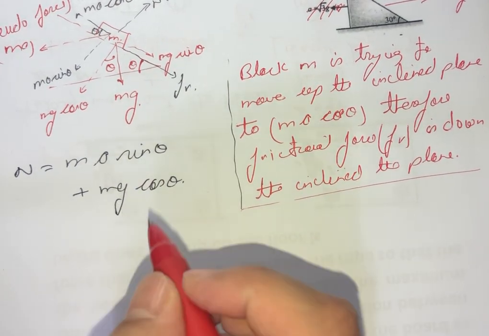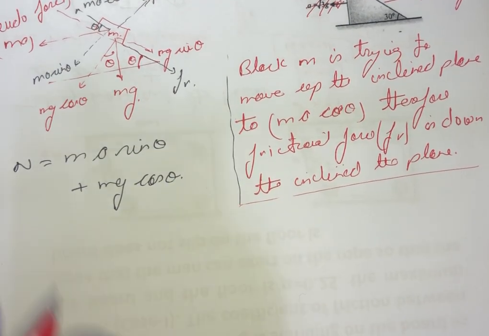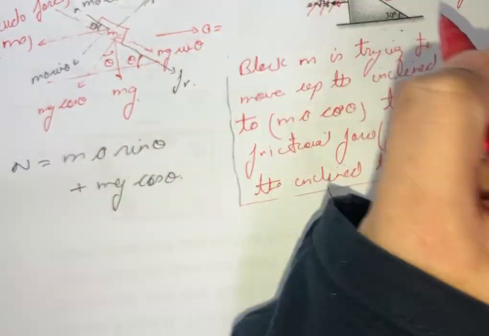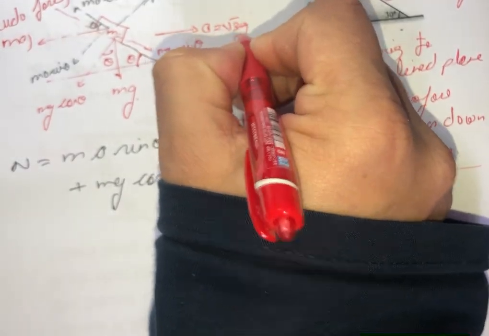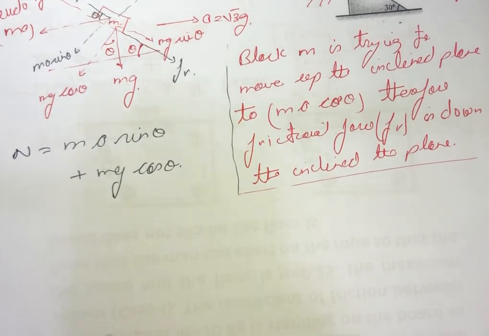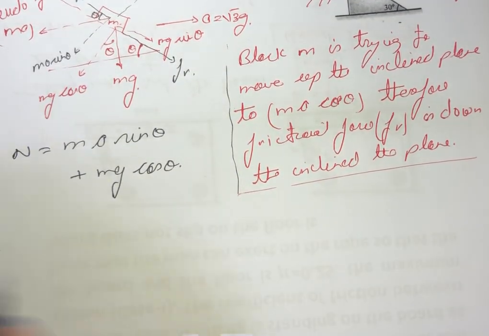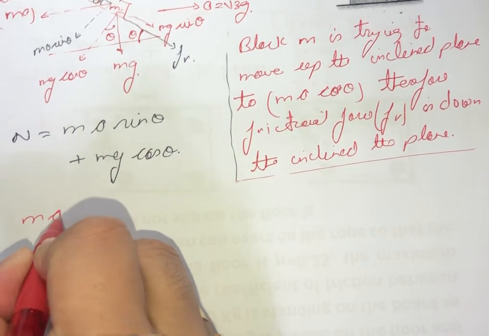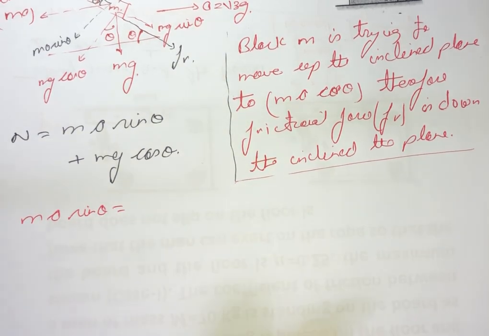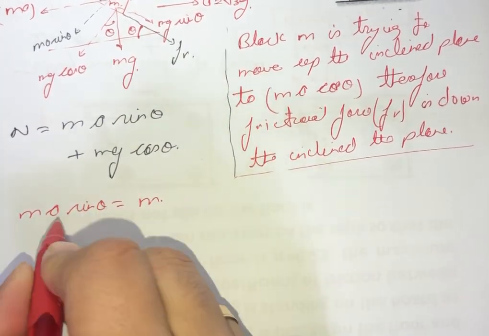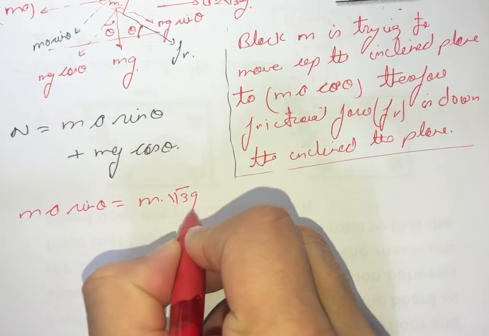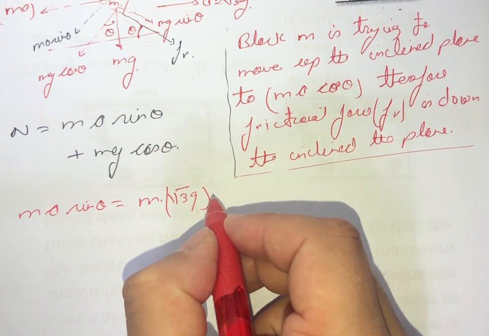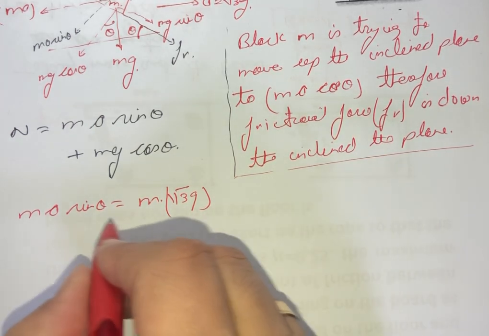Theta is 30 degrees, and it is moving in this direction with the acceleration a, which is given as root 3 g. So we can write our ma sin theta will be equal to m, a is given as root 3 g, and we have sine of 30.